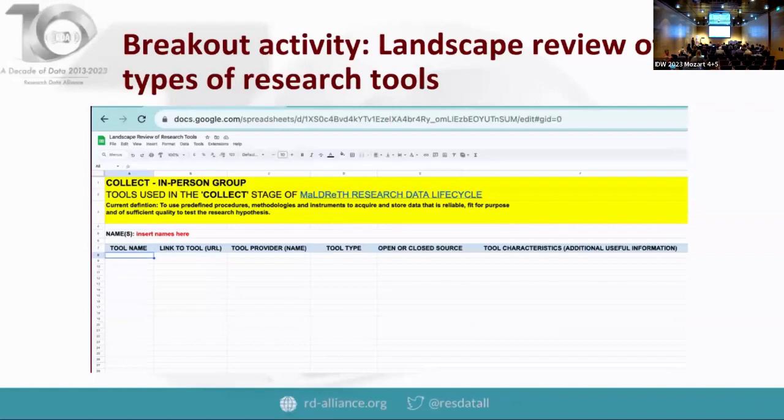Can they be strung together with tools from other life cycle stages? I think, Rory, you were calling that horizontal and vertical interoperability. And then finally, are there other tools that make interoperability possible, like interoperability facilitation tools, metadata mapping tools, data exchange and integration tools?